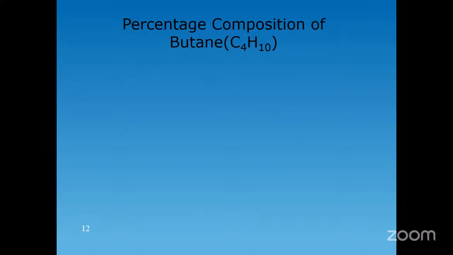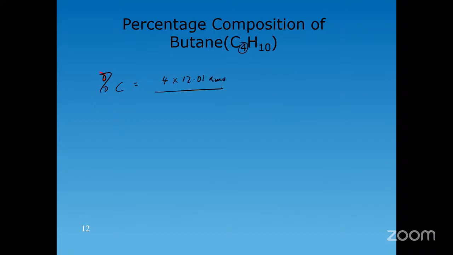So for example, based on that formula, if you're given a compound like butane, which has a formula C4H10, then we can say that the percent of carbon will be equal to 4, because of the subscript here, multiplied by the molar mass of carbon, which is 12.01 AMU, right?